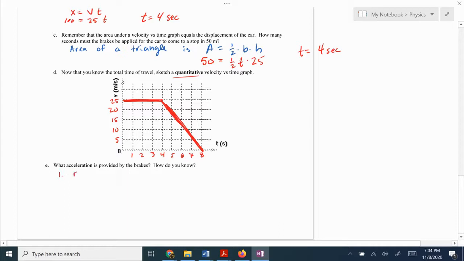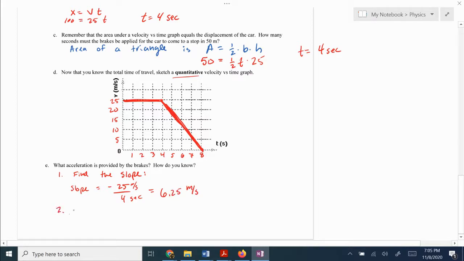The slope would be, it goes down 25, so rise over run: negative 25 meters per second over 4 seconds, which would give you 25 divided by 4, 6-ish, 6.25.